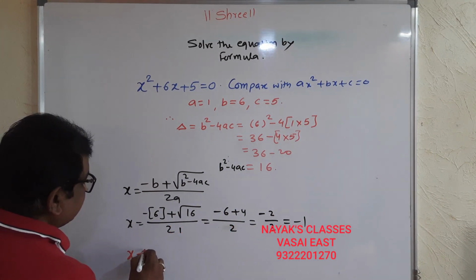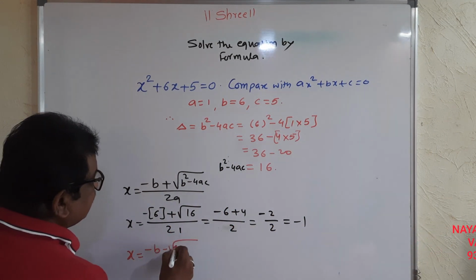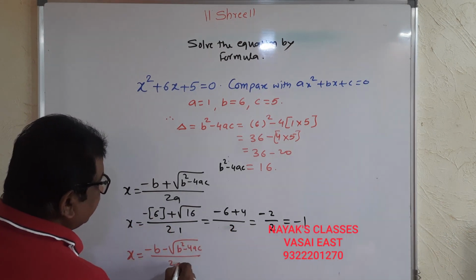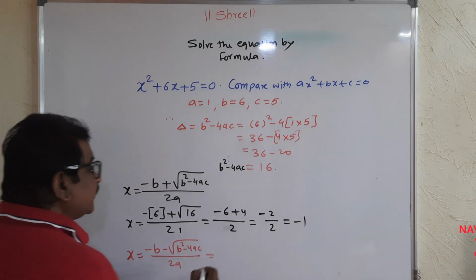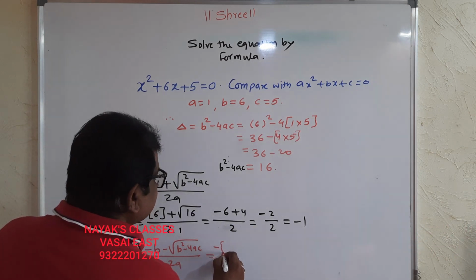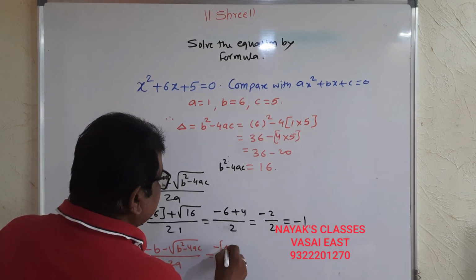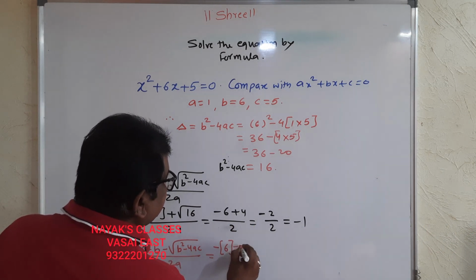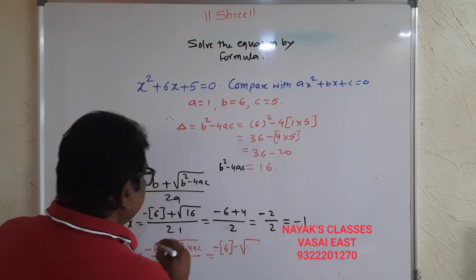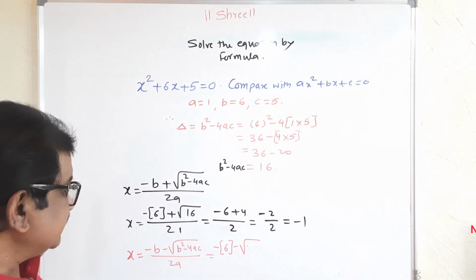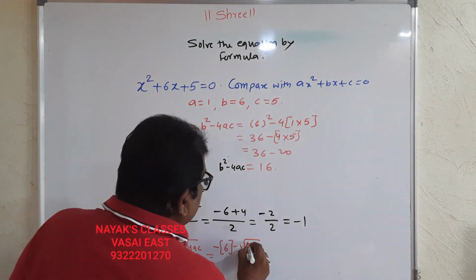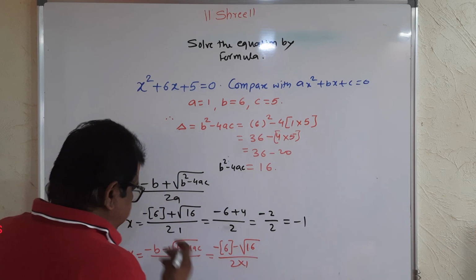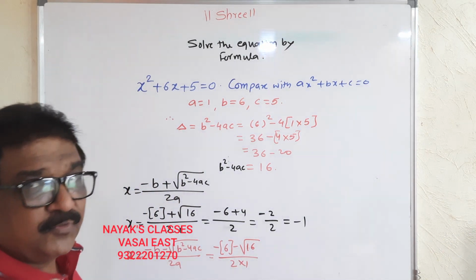So x is equal to minus b minus under root b square minus 4ac upon 2a is equal to minus into bracket 6 minus under root value of b square minus 4ac, which is 16, upon 2a, 2 into 1.